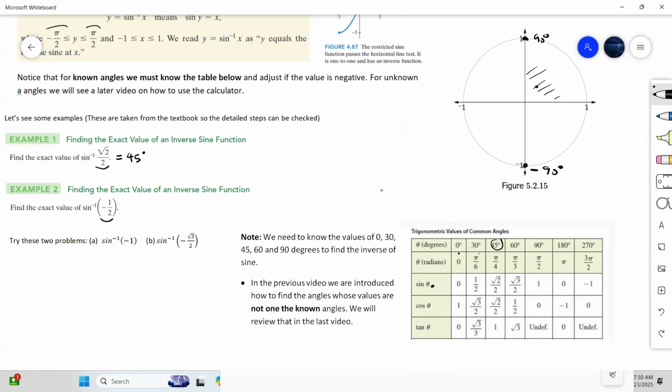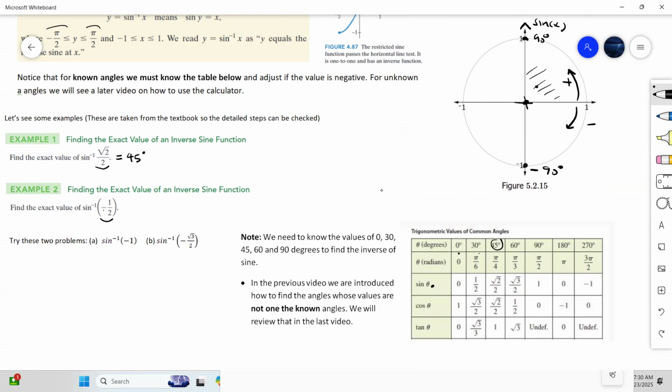Second question. Sine inverse negative 1/2. So because this is, again, the sine axis, right? This is all positive. This is all negative because it's below the origin. This is the origin, right? It's just like the y-axis.